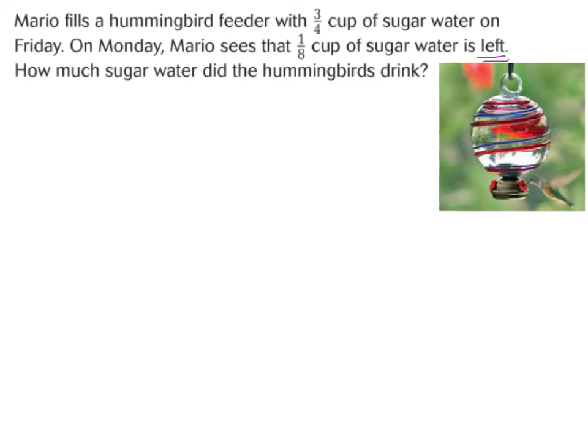So that means this is going to be a subtraction problem. So I should have 3/4 minus 1/8. Go ahead and write this down in your notes, and I want you to solve this on your own. Press pause to solve the problem, and then press play when you're ready to go over the answer.